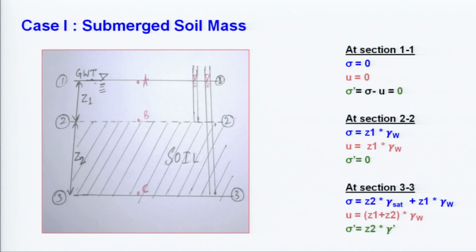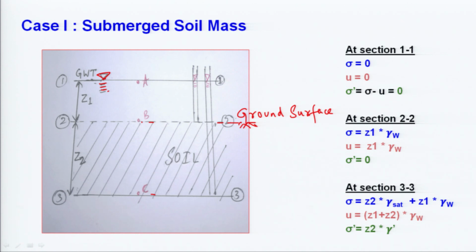Now, we will be further taking 4 or 5 cases here, and we will be understanding how to find out the total stress, the pore water pressure and the effective stress value. So, understand here that if we take this soil mass, this section 2.2 to section 3.3, and the groundwater table is at this level, and let us say this section 2.2 will be the ground surface, and the water has been filled up to the above level, that is 1.1.